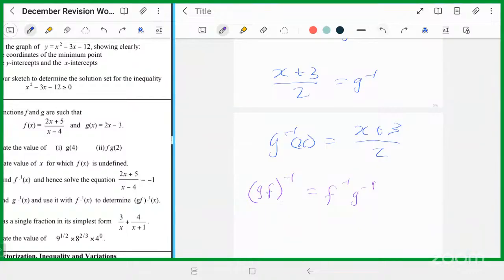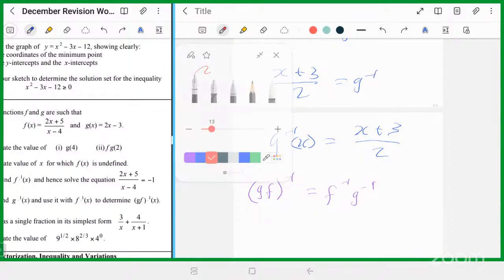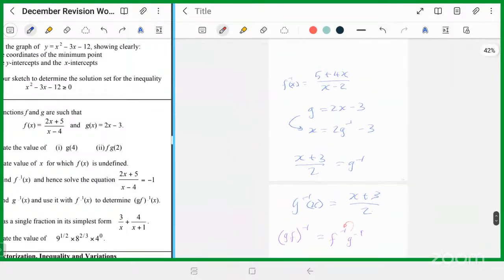This is done by substituting the g to the minus 1 into the f to the minus 1. So I'm going to take this and substitute it here for the x, and again substitute it here for the x. That's why I put g to the minus 1 into f to the minus 1.